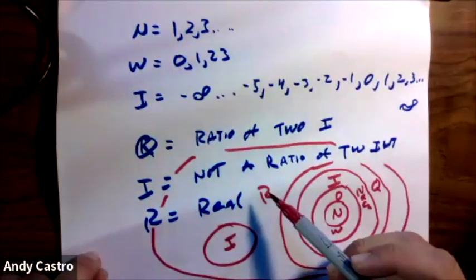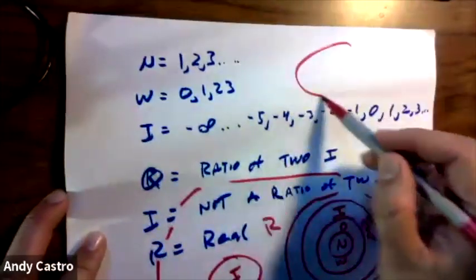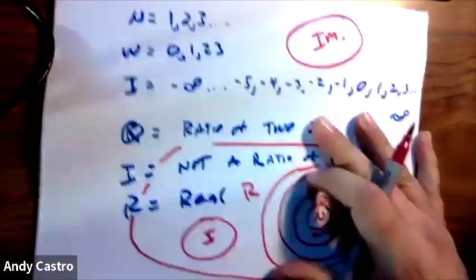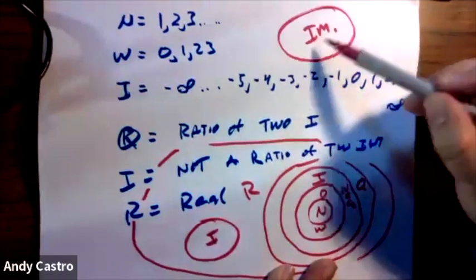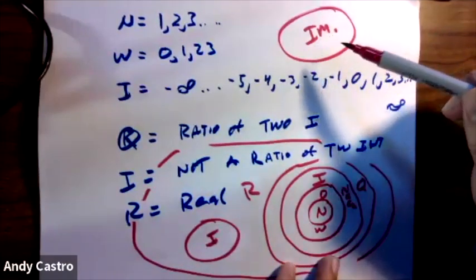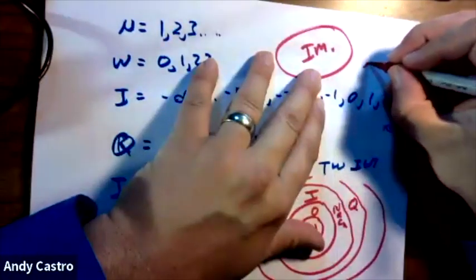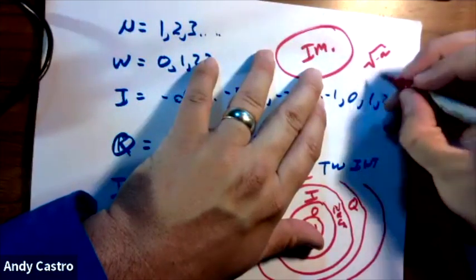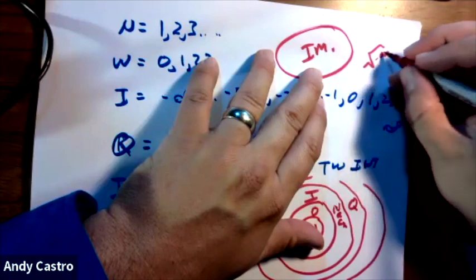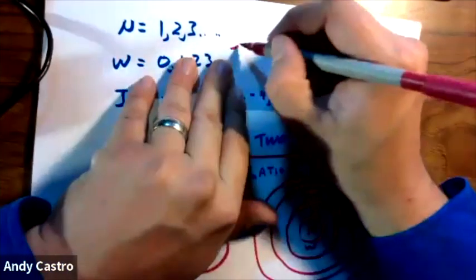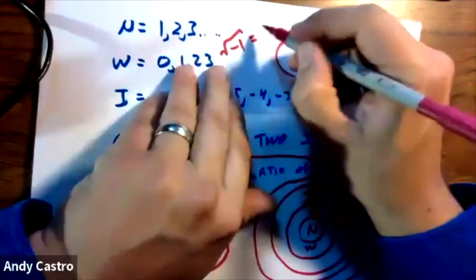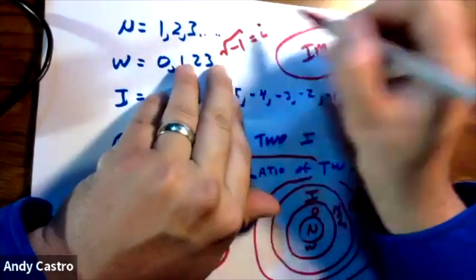Now, there is another set of numbers called the imaginary numbers. And the imaginary numbers are the numbers that you get if you square root a negative. We'll start with -1. If you square root a -1, that is equal to i.